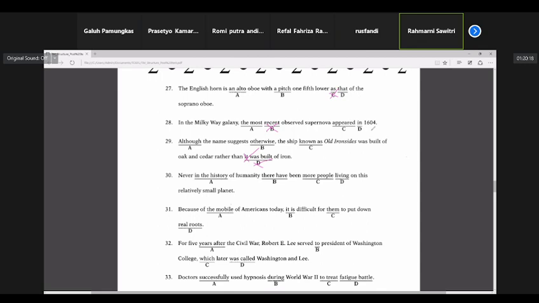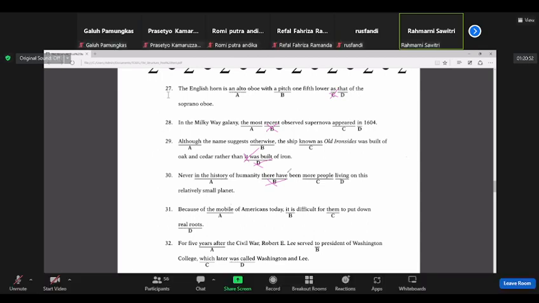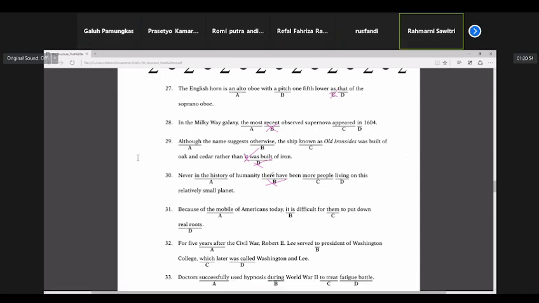Well, here we have B: "Never in the history of humanity have there been." We have to invert the position of "there" and "have." It should be "have there been," because here we have "never." So we just swap their positions.